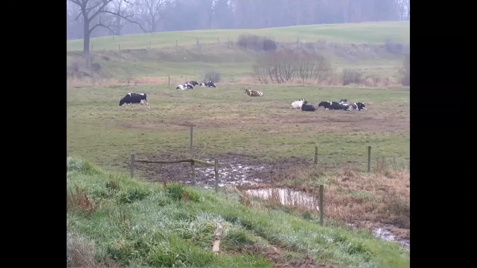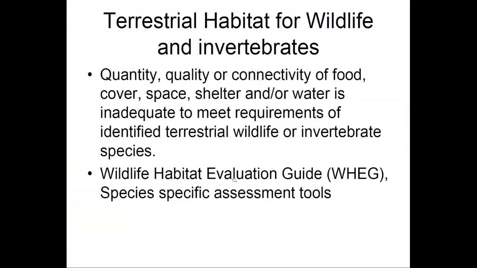And one last look at this lovely pasture. You could also be looking at terrestrial habitat for wildlife and invertebrates. So you're looking at quality, quantity, and connectivity of all the things wildlife need: food, cover, space, shelter, and water. And if it's inadequate to meet the requirements of your identified species, then you need to take a look at that.